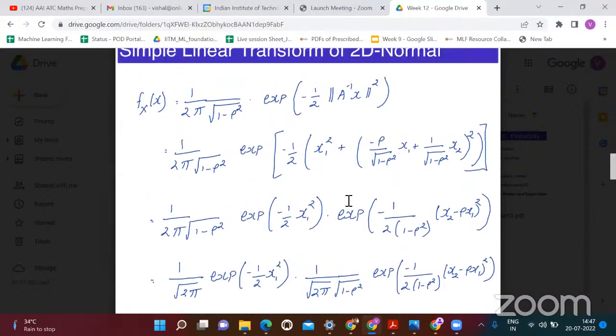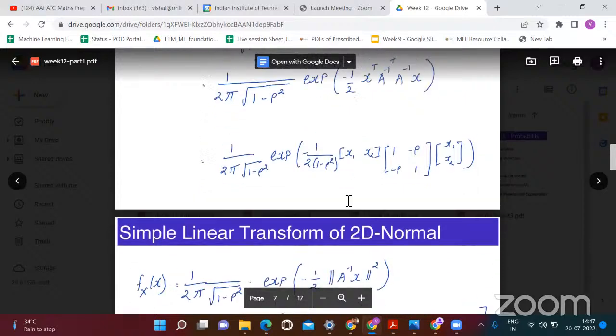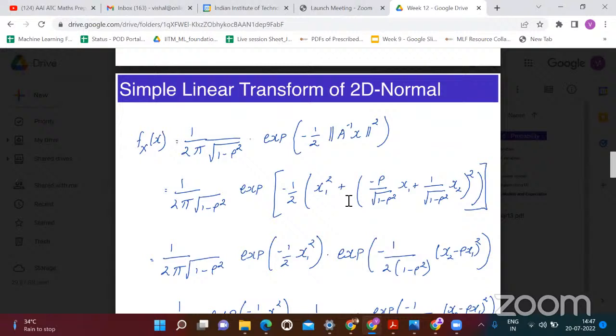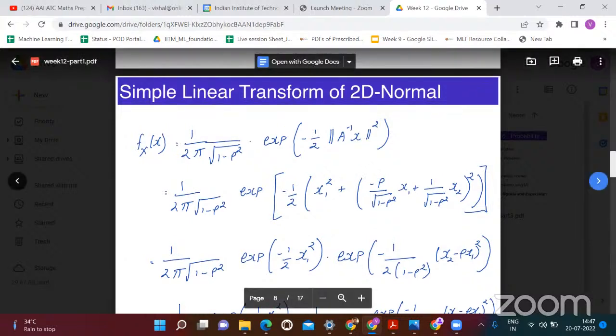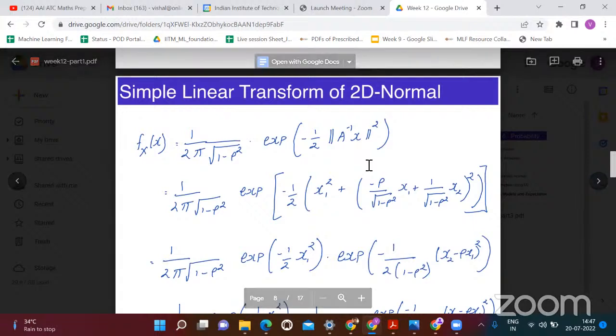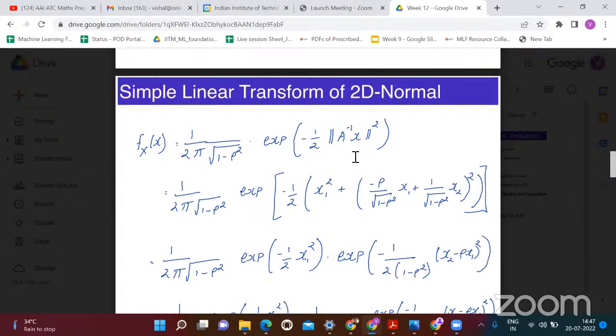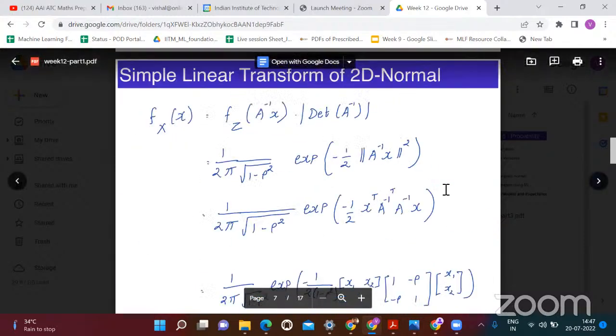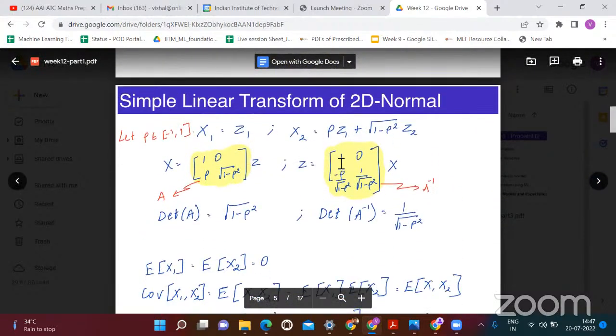And after expanding this, what he did from the starting is he kept the value of A inverse X, from where he took the values of X and Y. So A inverse, which we calculated in the beginning after the Jacobian matrix, he kept the value directly here, and after putting the value it was in squared form. So if you see this Jacobian matrix, here it was 1, 0.